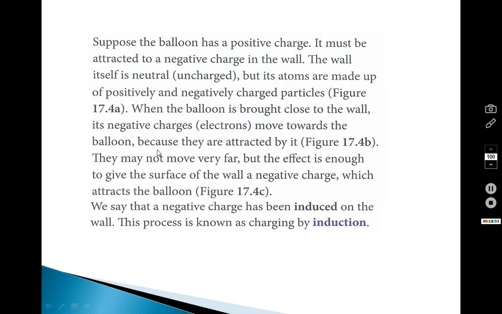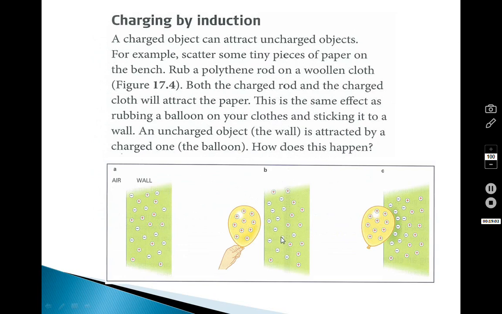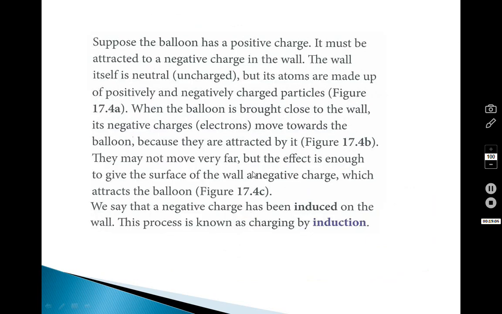Towards the balloon, because they are attracted by it, which is explained in figure 17, section B, or here in this one. Actually, they may not move very far, but the effect is enough to give the surface of the wall a charge that attracts the balloon, as we discussed in figure C.